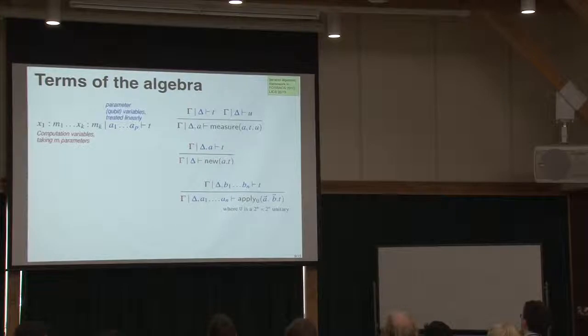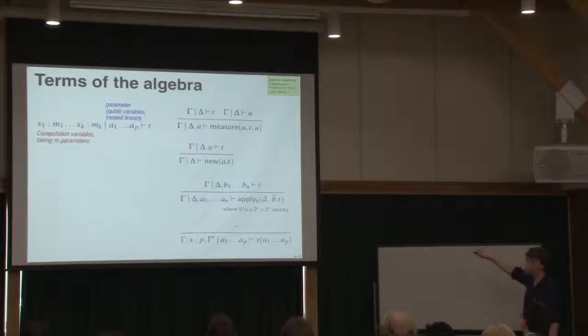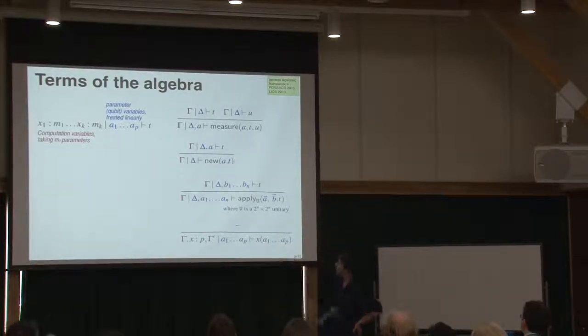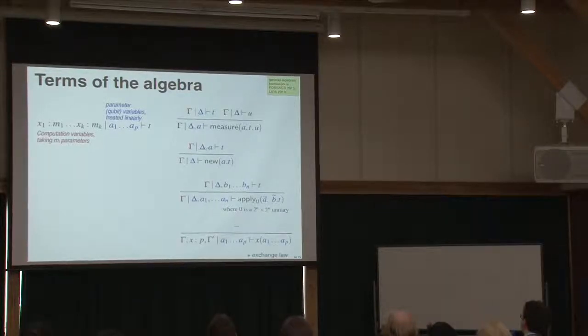They can be discarded, but I won't put that implicitly in the system, but we'll see that discarding can be defined. So that's all the important instructions of quantum computation, at least in this sort of sense. And then finally, the law for variables says a variable x can be given p qubits in the environment. I'll have the exchange law as well, so you can reorder it.